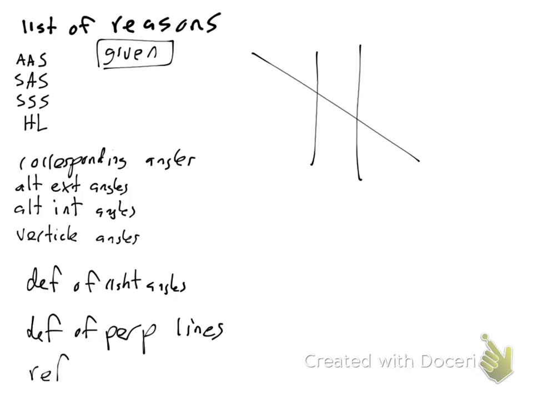Reflexive property. What do we mean by reflexive property? It can go both ways. It's like a mirror of itself. Mirror of itself, I guess, yes. That something is congruent to itself.